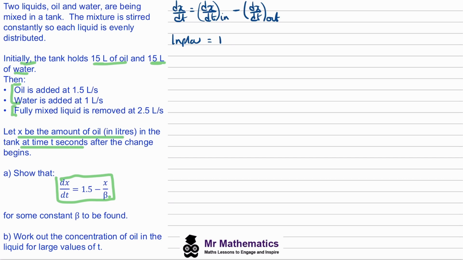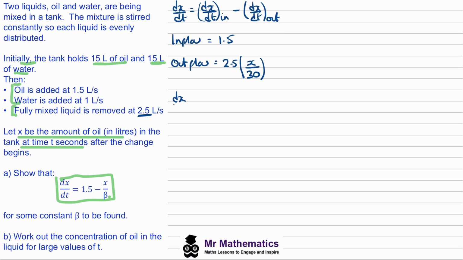Our outflow will be the 2.5 litres per second multiplied by the concentration of oil in the tank. So this will be X over the 30 litres. We know it's 30 litres because the inflow is equal to the outflow.